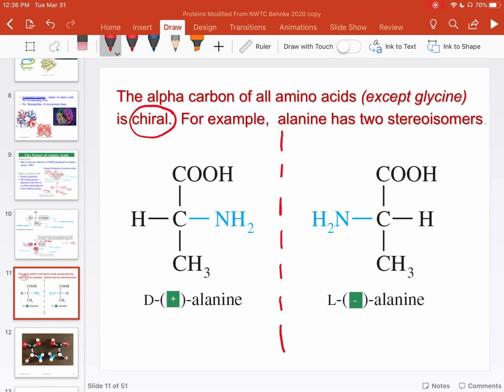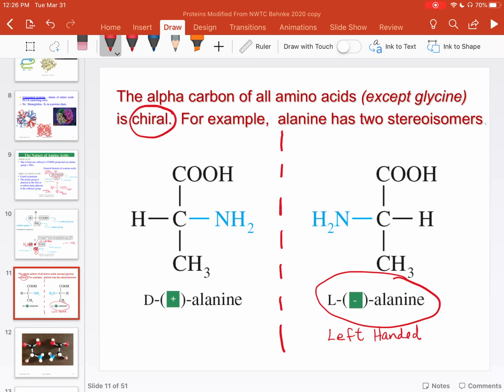So each amino acid has two different versions of the way it can exist, but I will tell you that the amino acids in the human body are the L version. And the L version, L stands for levorotatory, and in chemical terms, we refer to that as the left-handed isomer of that molecule.